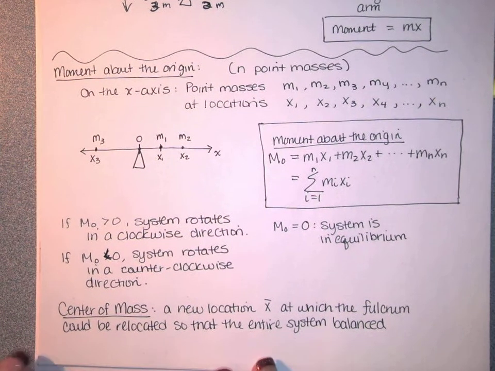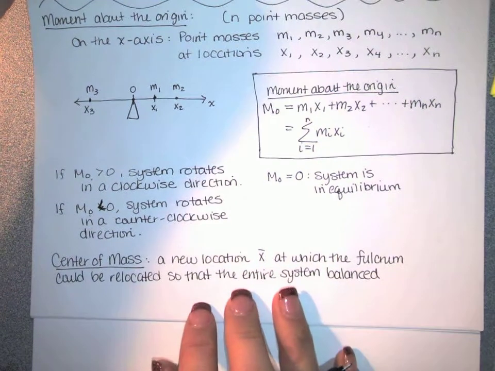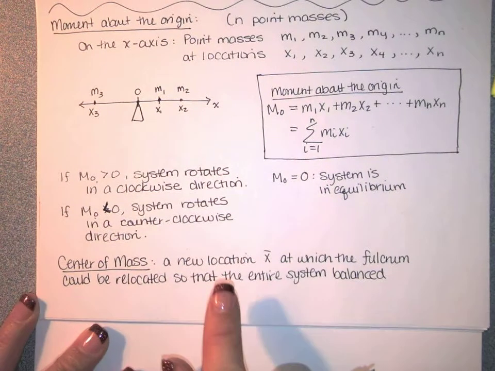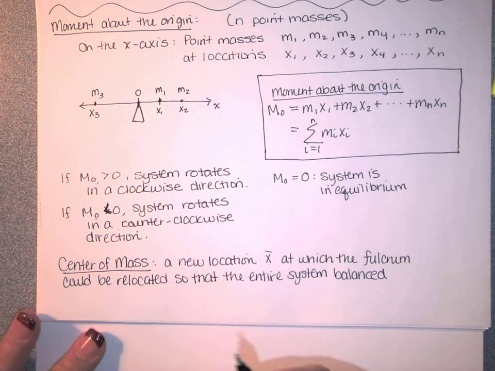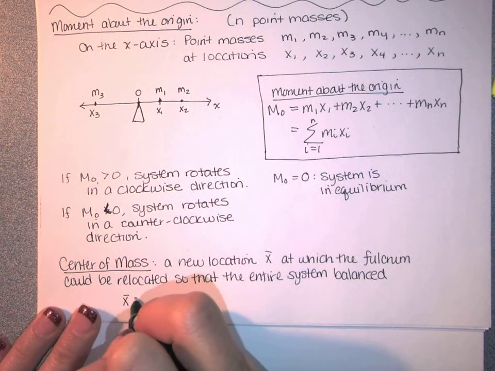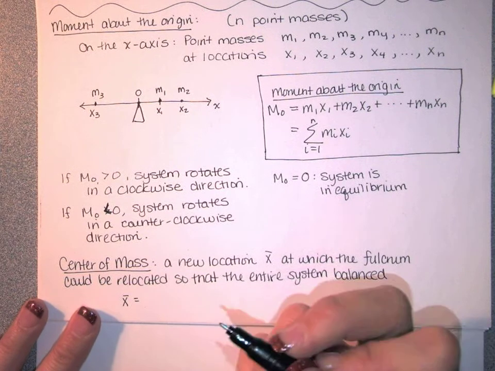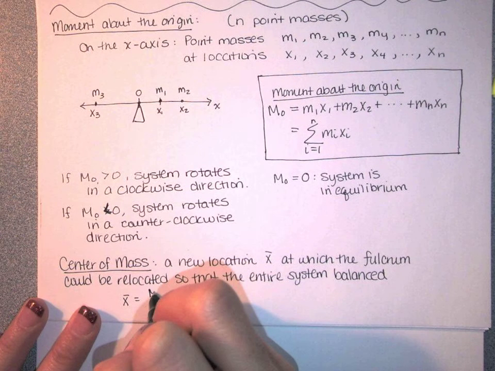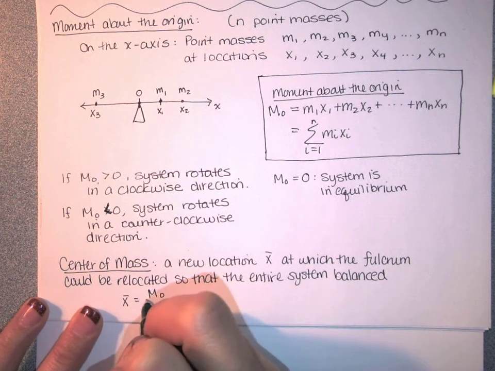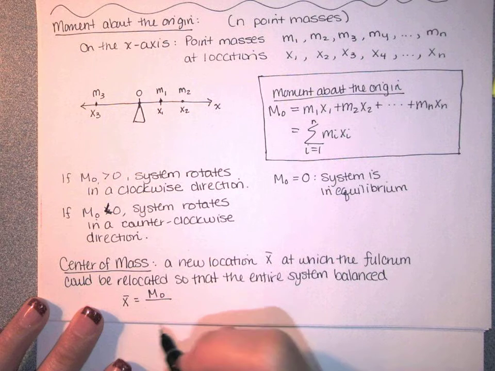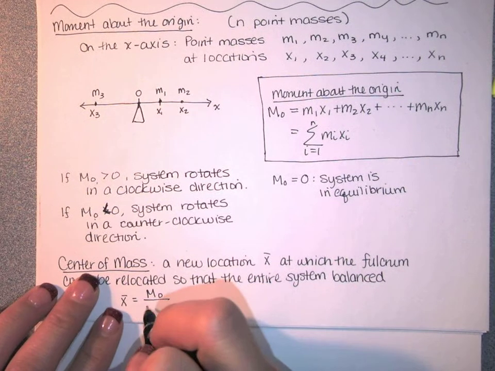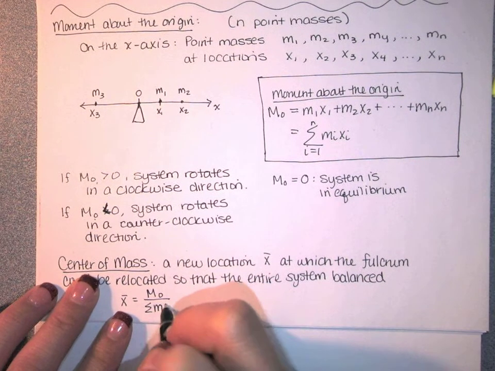Well, if the system's not in equilibrium, we can put it in equilibrium if we move the fulcrum to this new location, x bar. And it turns out that the new location x bar is just the moment about the origin divided by the sum of the masses, or the total mass of the system.